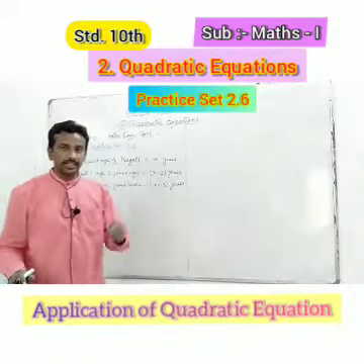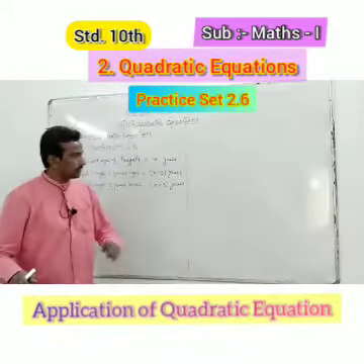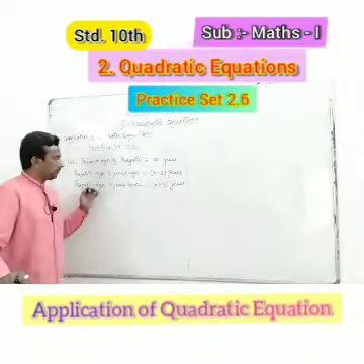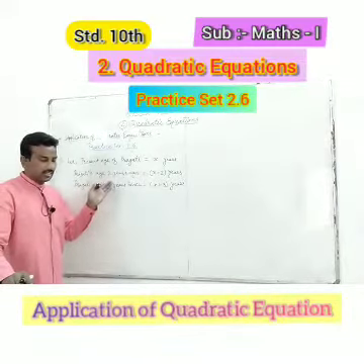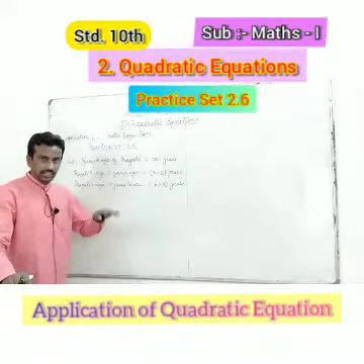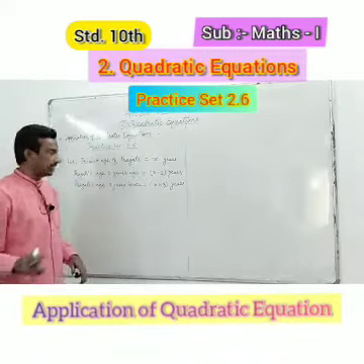Now the condition is given that the product of Pragati's age 2 years ago and 3 years hence is 84. This is the given condition.